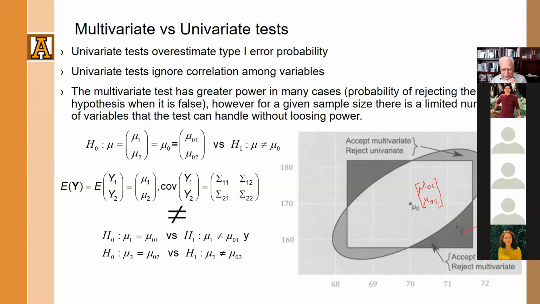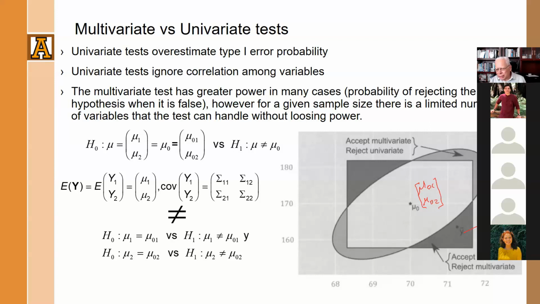If I were to use individual intervals to test these two hypotheses, then we would not reject the null hypothesis that the mean vector is mu null. I would not reject the null hypothesis that the mean of y1 is mu01 and the mean of y2 is mu02.